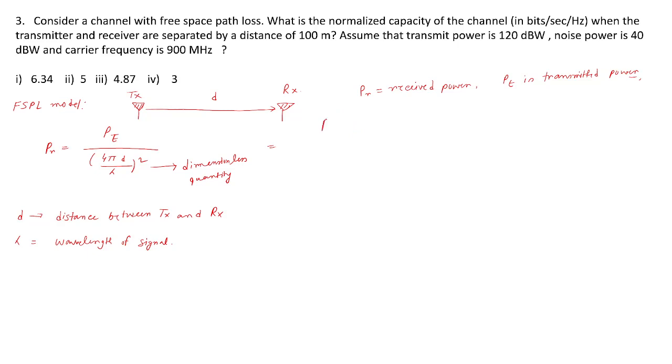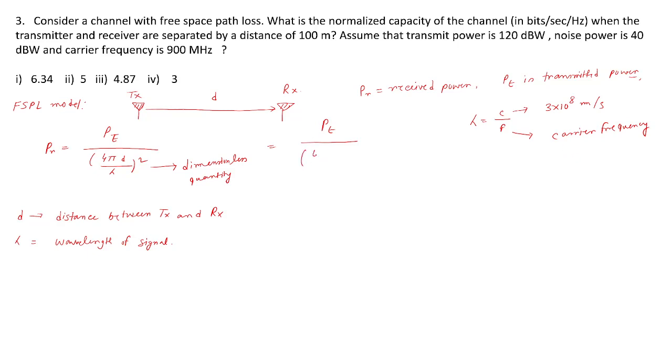On the other hand, you can use the property that lambda is equal to c by f, where c is the speed of light in free space, which is taken as 3 into 10 to the power 8 meter per second, and f is the carrier frequency.